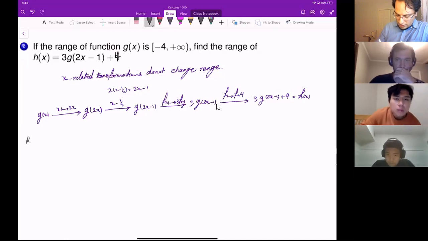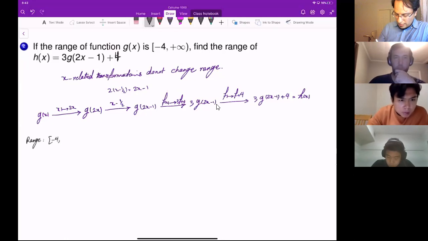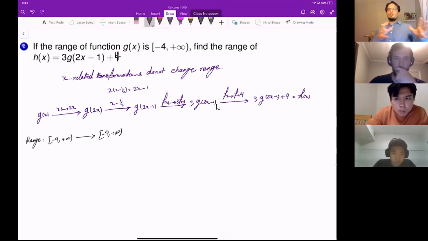But we know that this is x related, so the range, we started with -4 to plus infinity. The first operation is x related, so it won't change the range. Because either you're shifting or stretching horizontally, it doesn't change the possible values for y. The second one also won't change the range.